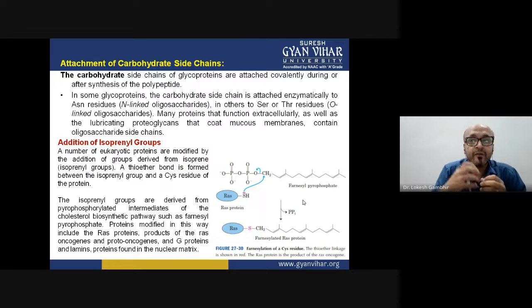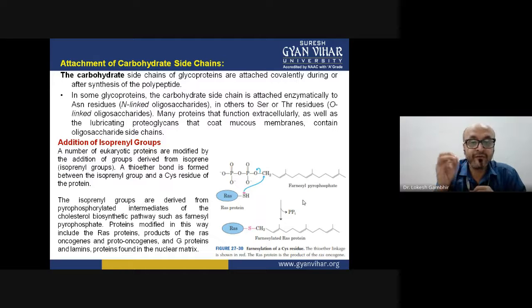So when I talked about the addition of a carbohydrate moiety on the polypeptide chain, that can happen either N linked or O linked. When I'm talking about N linked, I'm talking about the attachment of a carbohydrate group to the asparagine residue, whereas when I'm talking about the addition of a carbohydrate group to serine or threonine, we are talking about O linked glycosylation.